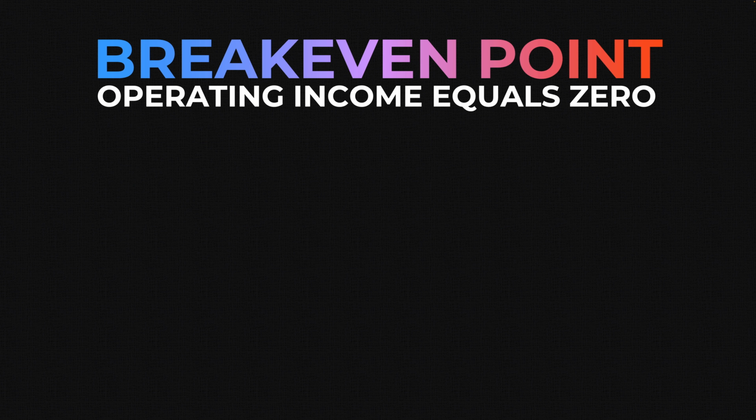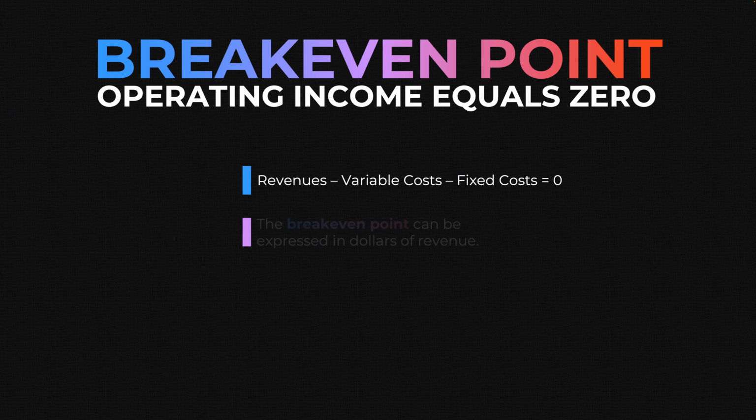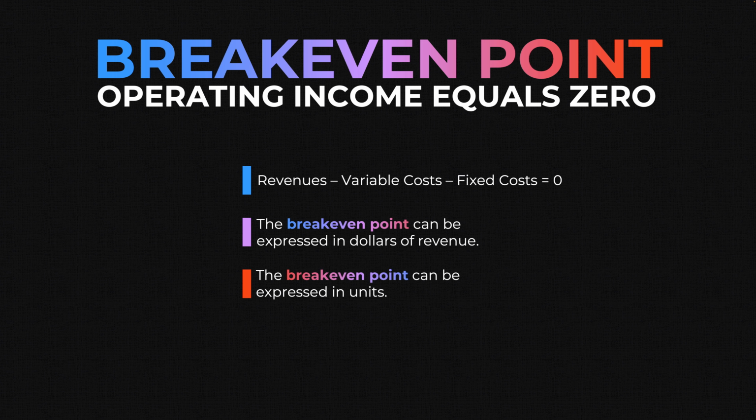We learned to describe it: 1, mathematically. 2, the break-even point can be expressed in dollars of total revenue. 3, the break-even point can be expressed in units, the break-even quantity. And then we noticed an interesting mathematical relationship. 4, the break-even point is when the contribution margin is equal to fixed costs.